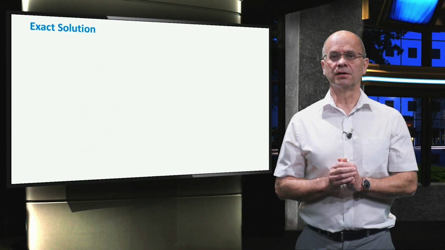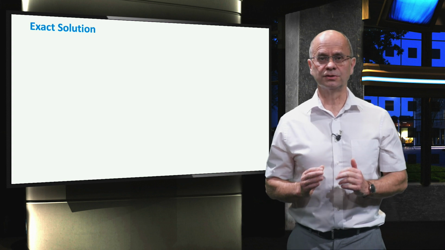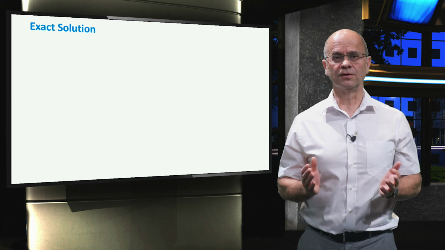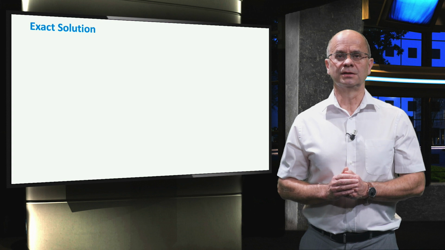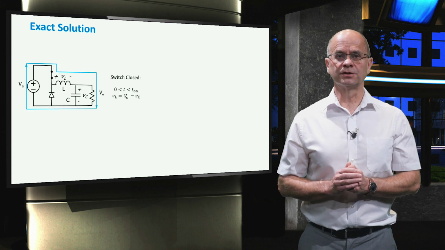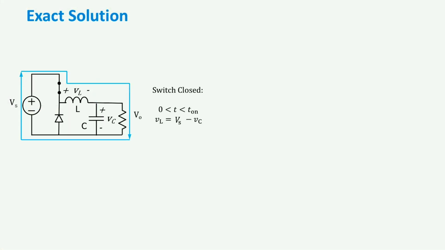Let us now write down the equations to describe the output current and voltage. So this is the equivalent circuit when the switch is closed and conducting current. We can calculate the current and voltage using Kirchhoff's laws.